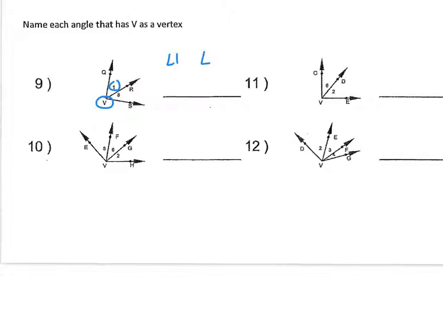I could do angle 8, which is right here, and V is the vertex. And the other one is actually the big one on the outside. And that one I actually have to trace the letters, angle QVS. And again, V is the vertex and V is in the middle, so that big angle is also listed.